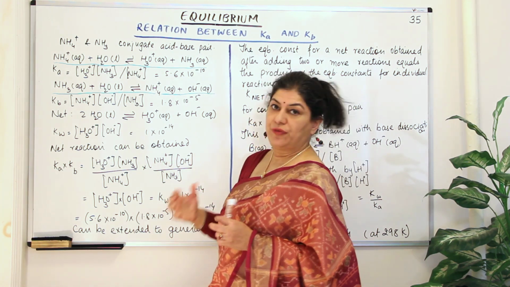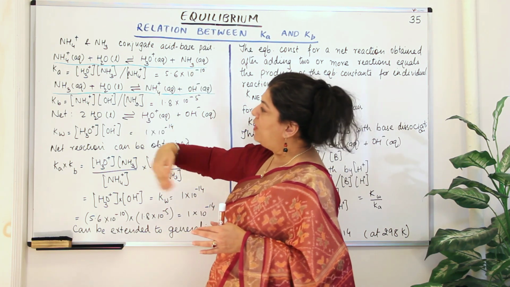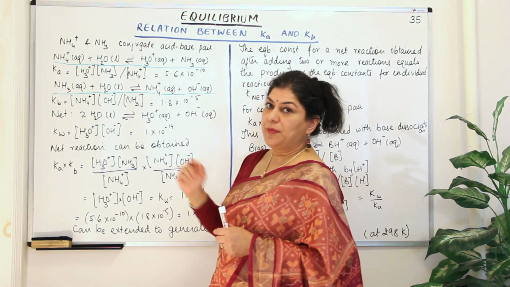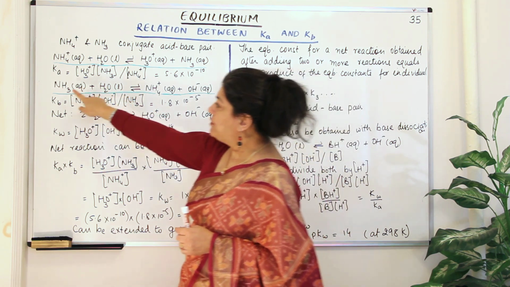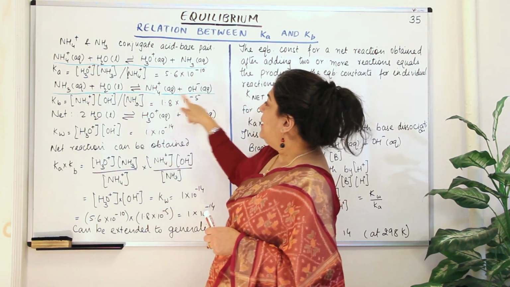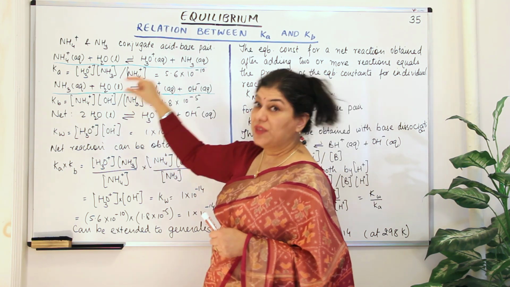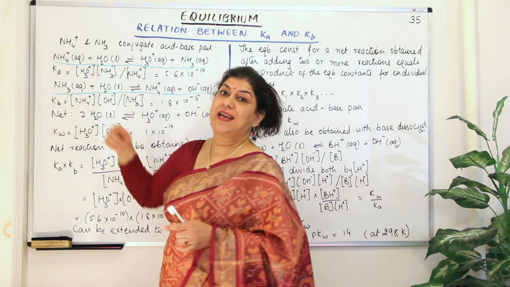At the same temperature, if you carry out this reaction of ammonia and you dissolve ammonia in water, ammonia acts as a base. And when it acts as a base, it means it accepts a proton from the water, which results in the formation of ammonium ion and OH-. Now, if you find out the equilibrium constant for this reaction, it would be Kb, because here NH3 is acting as a base.